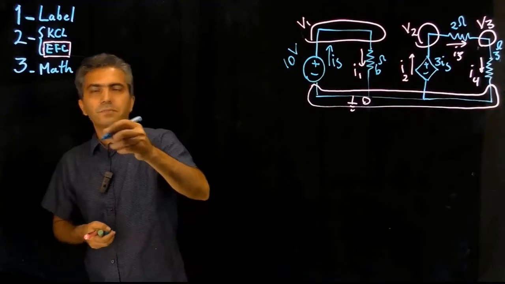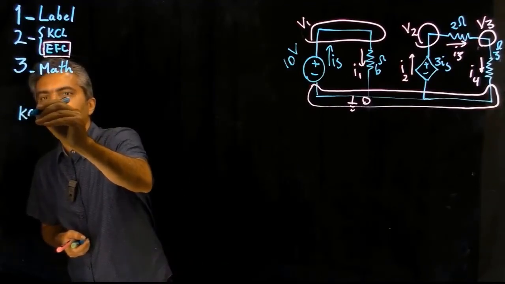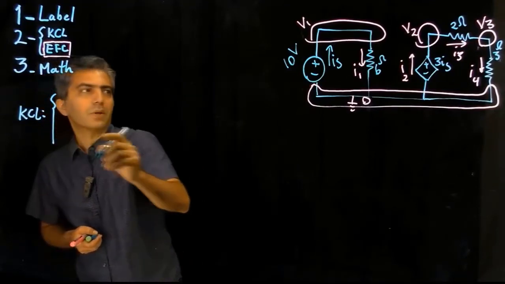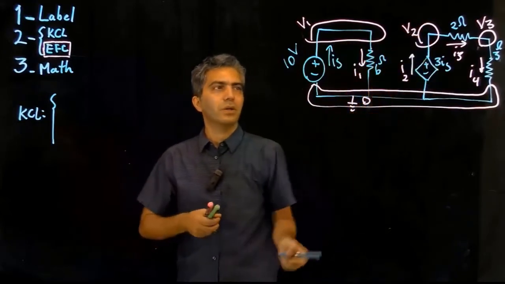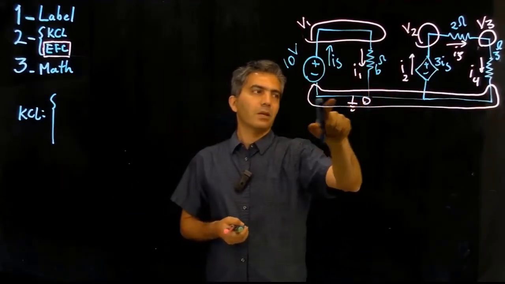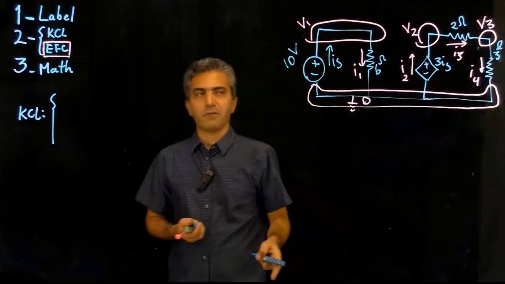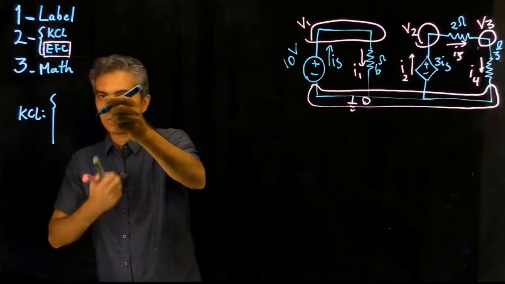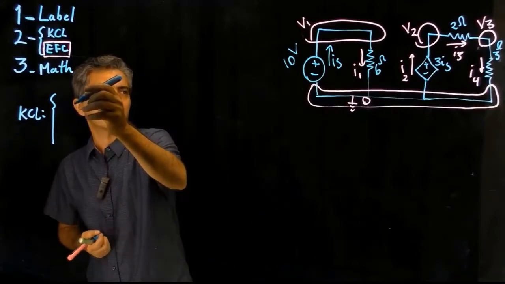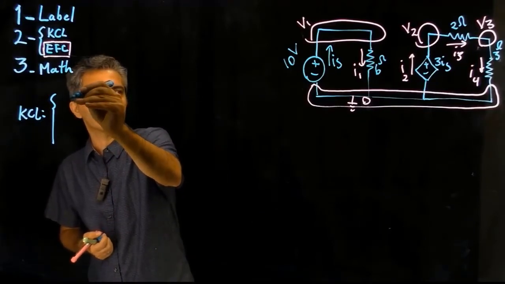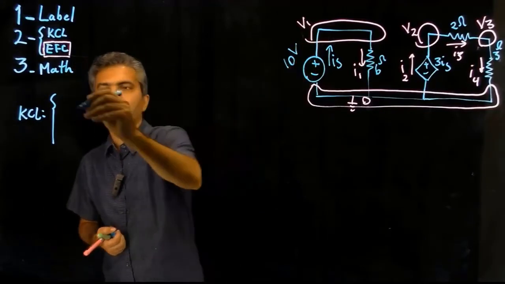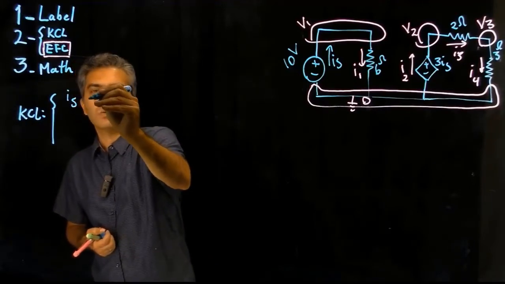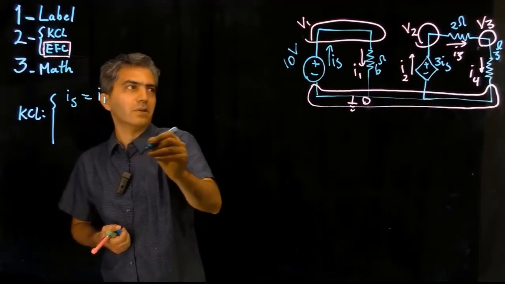Moving to KCL now. We have 1, 2, 3, 4 nodes. And for the ground node, I don't have to write my KCL. Like I said, we can, but it's consistent with the other 3, so I don't have to. It doesn't add anything to the other equations. For that node, the current IS is going into the node, and current I1 is leaving the node.